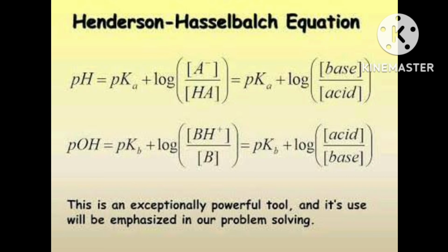That value you put in the place of pOH. Then now the Henderson equation will become pKw minus pH, in the place of pOH you have written pKw minus pH, that is equal to pKb plus log of the ratio of conjugate acid divided by base.